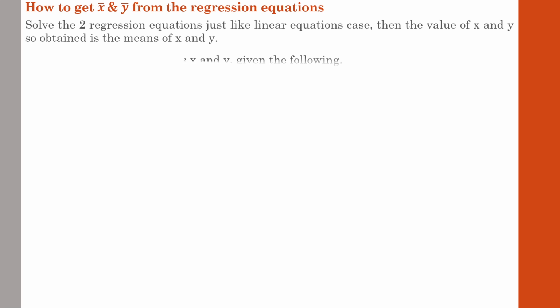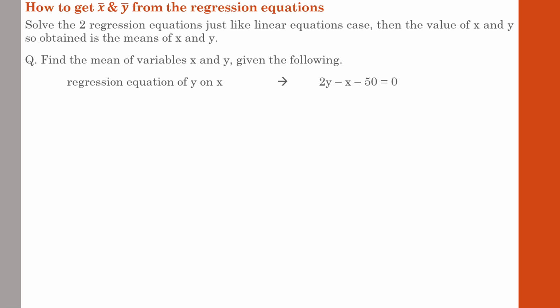For example, here two equations are given. 2y minus x minus 50 is given, 3y minus 2x minus 10 is given. You need to find the mean of x and mean of y. It is quite easy. You just follow the steps of solving a linear equation and find out the value of x and the value of y. It's a simple method. We have been learning that part from the BMS paper.